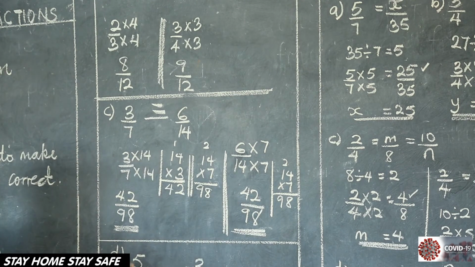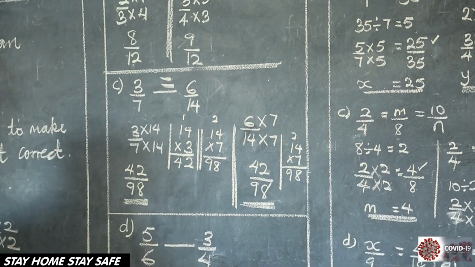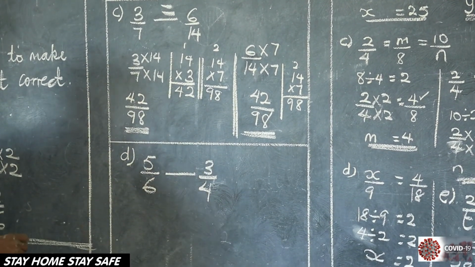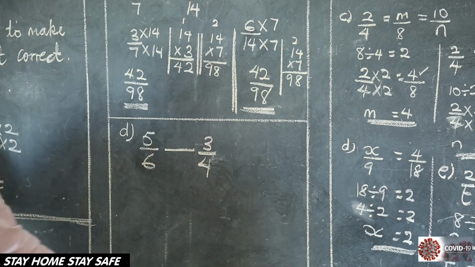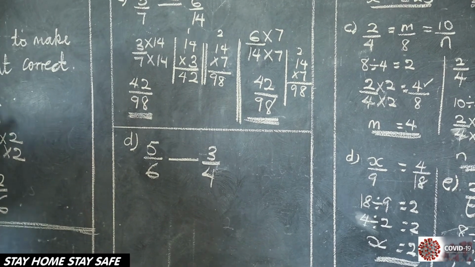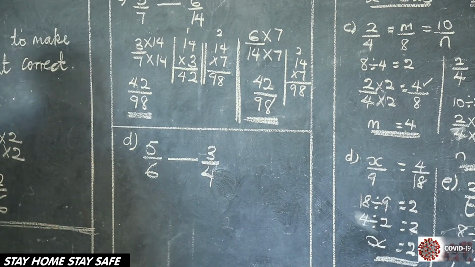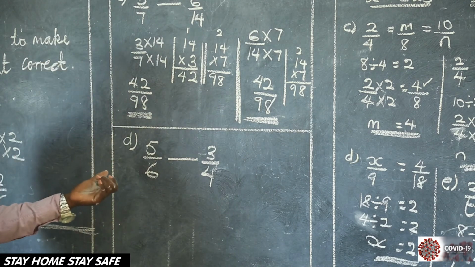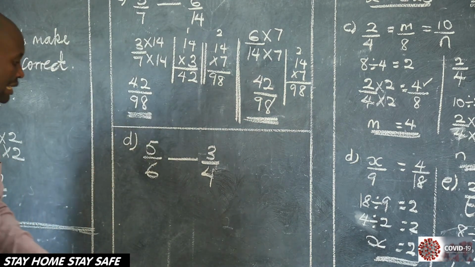We want to compare which one is bigger. I have already shown you that you can use equivalent fractions, which I used in example 1, example 2, and example 3. Now in our example 4, I'm going to give you another method.